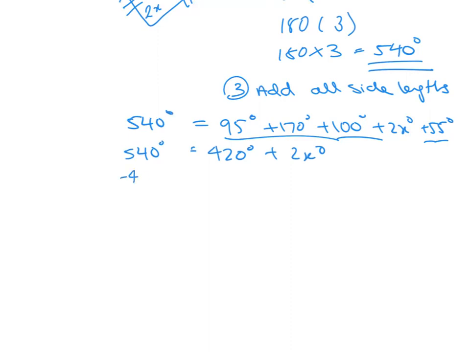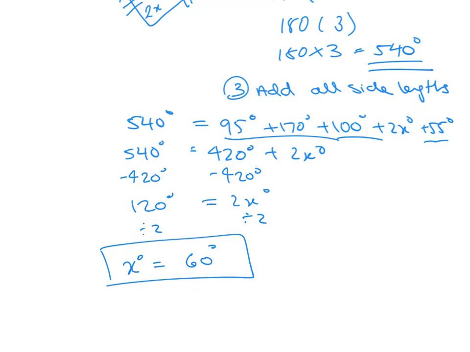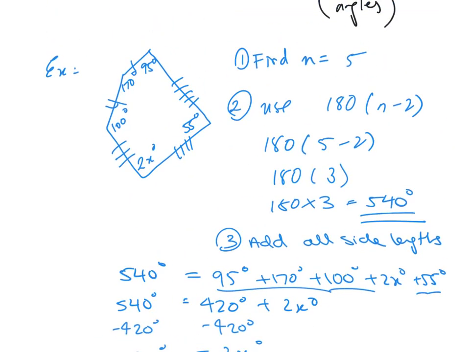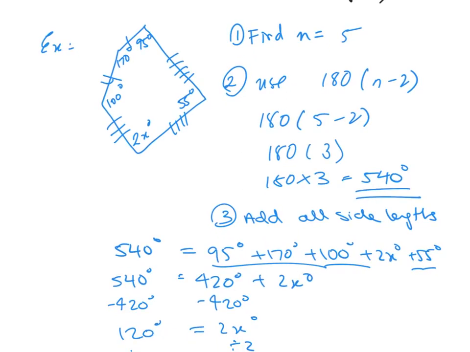Subtract 420 from both sides. That gives me 120 degrees equals 2x degrees. Divide both sides by 2. So x degrees equals 60 degrees. All we need to do is find the number of sides, sub that into our sum rule formula, add all the angles and solve for x.